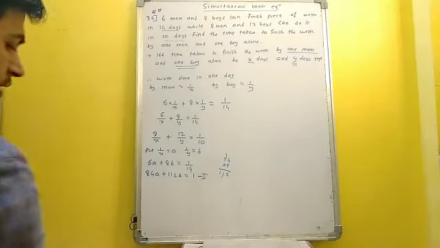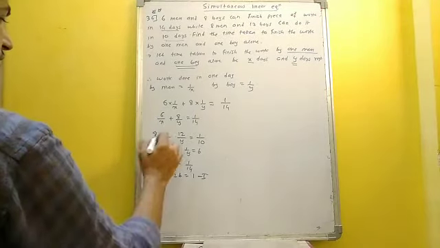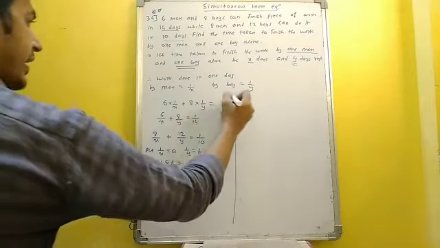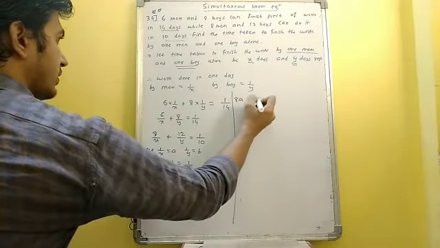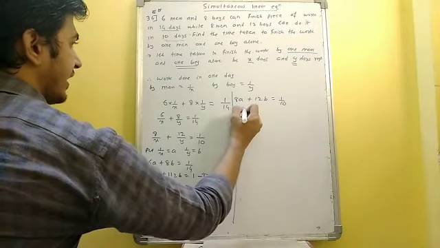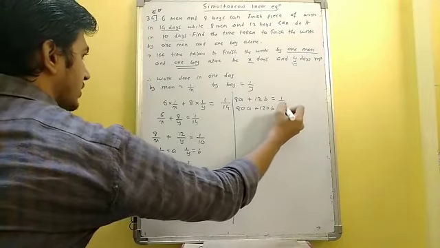Equation number 1. And for the second one, 8a plus 12b is equal to 1 upon 10, where it is 80a plus 120b is equal to 1.